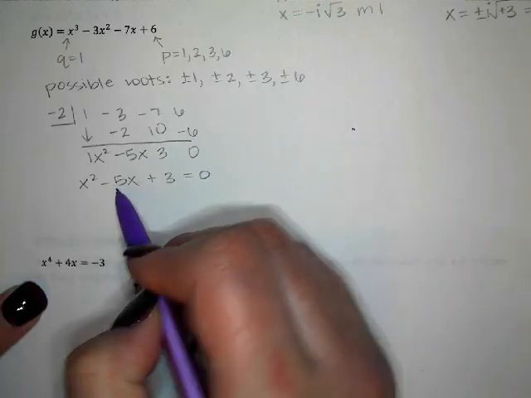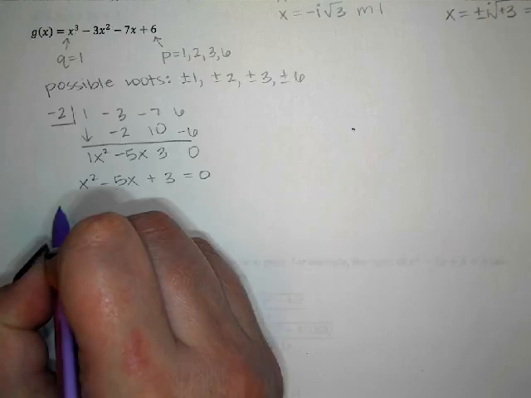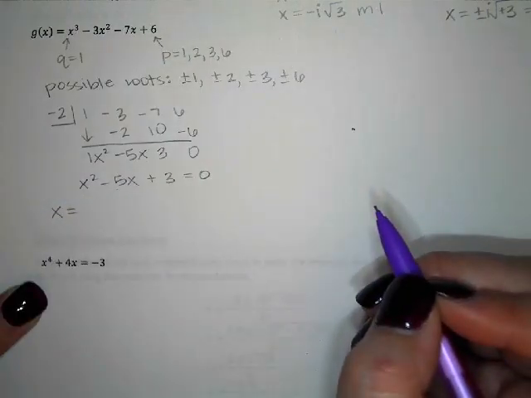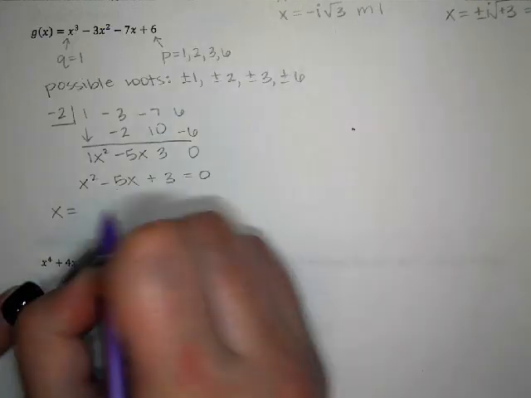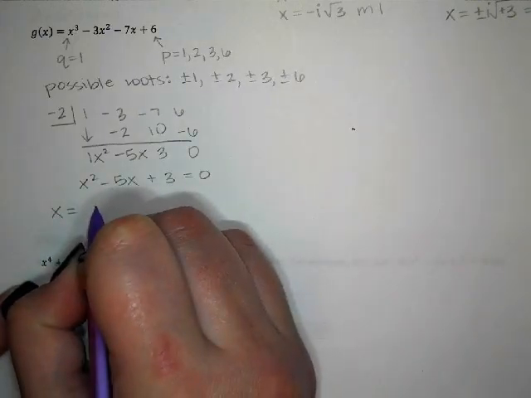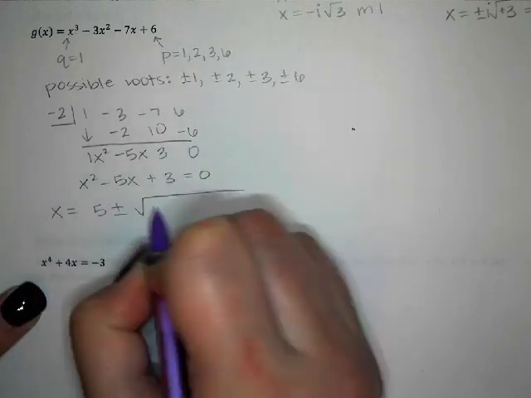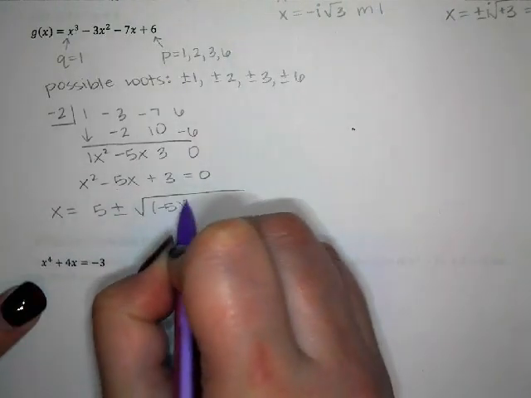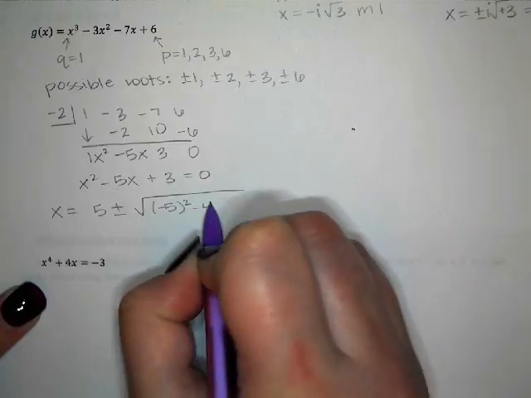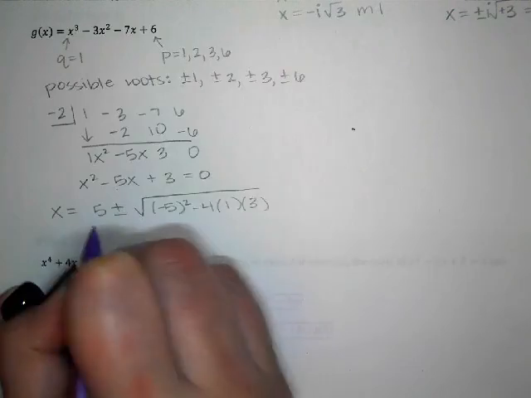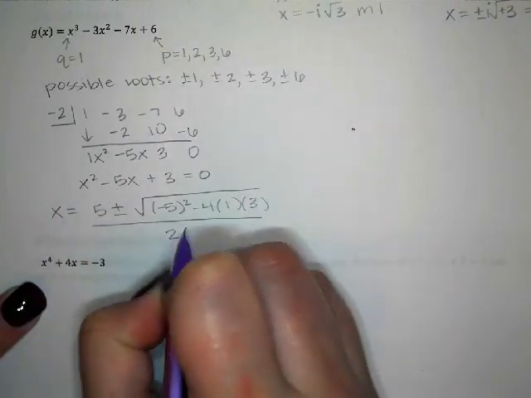So that means this is a quadratic formula problem to find the remaining answers or the remaining roots. So I'm going to say -b plus or minus the square root of b squared minus 4 times a times c, all divided by 2a.